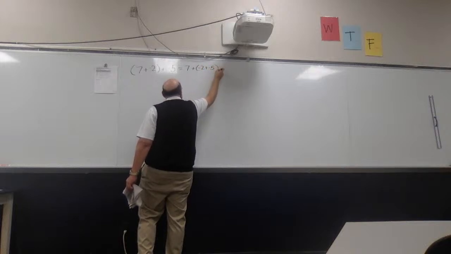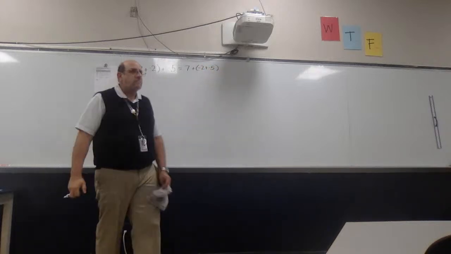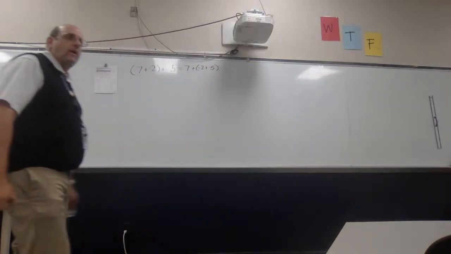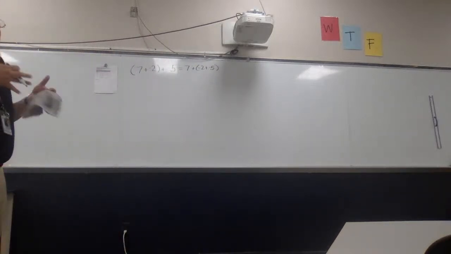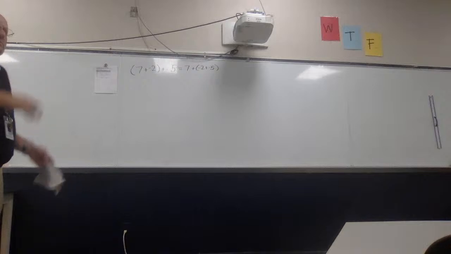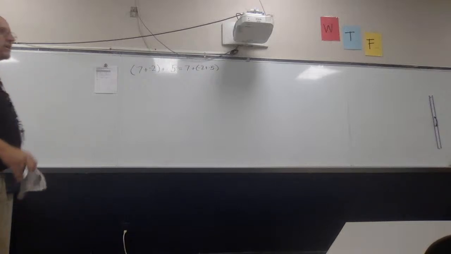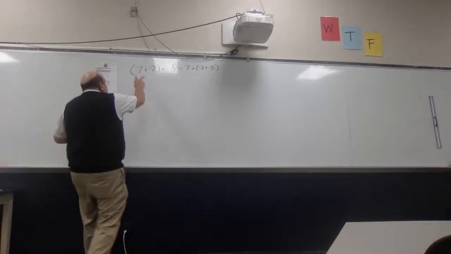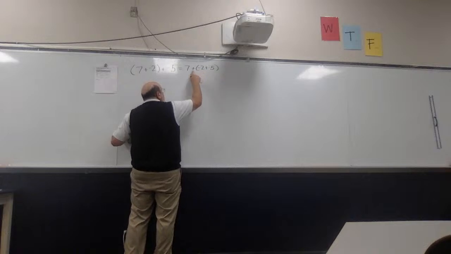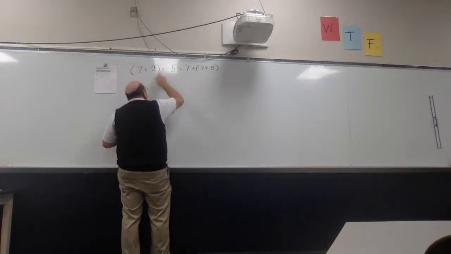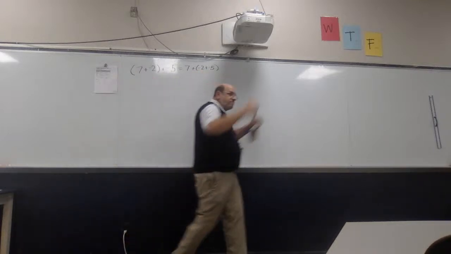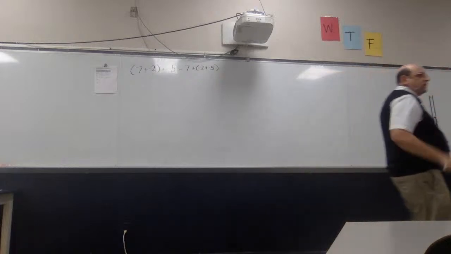Yeah. Is that the same? Yes. Doesn't matter, right? It's related to the commutative property, but we're looking at what's in here. As long as these guys are all addition, we're great.